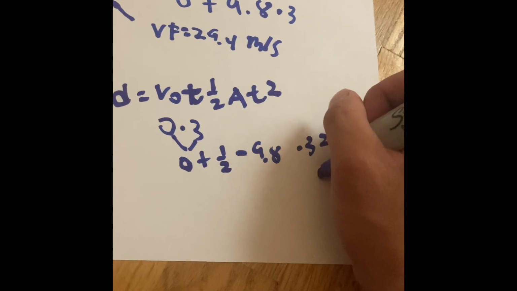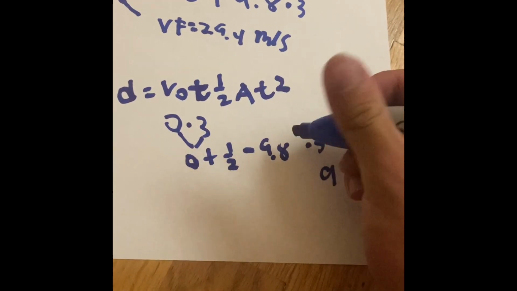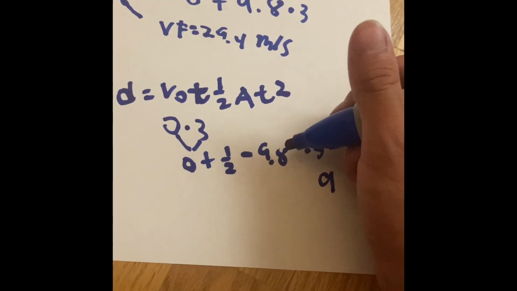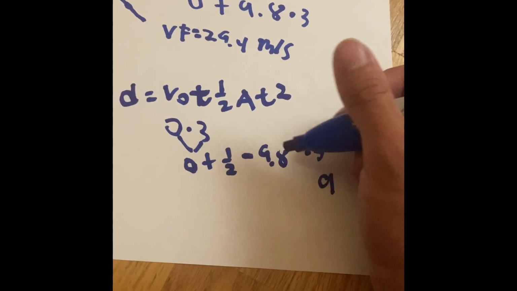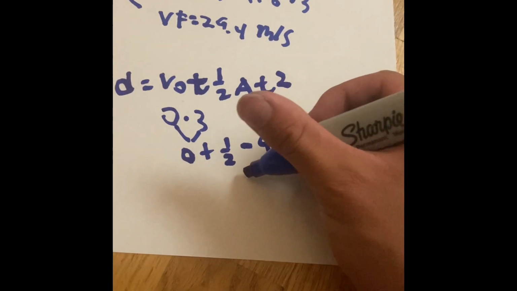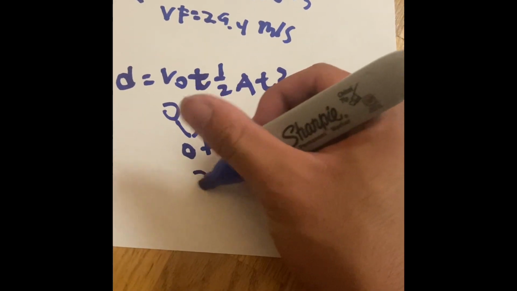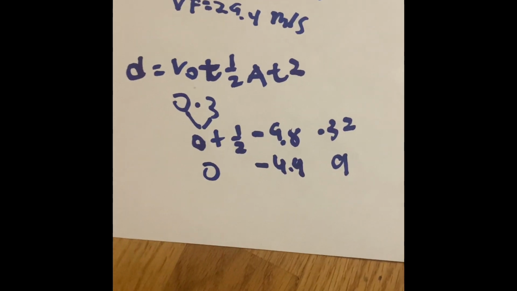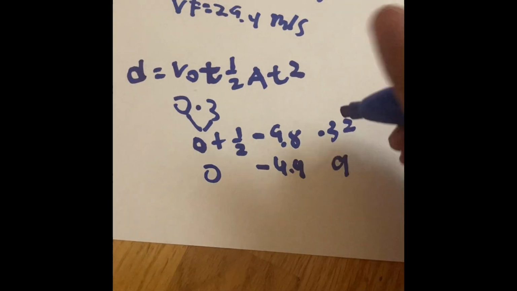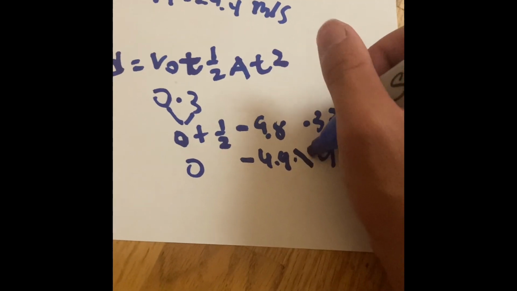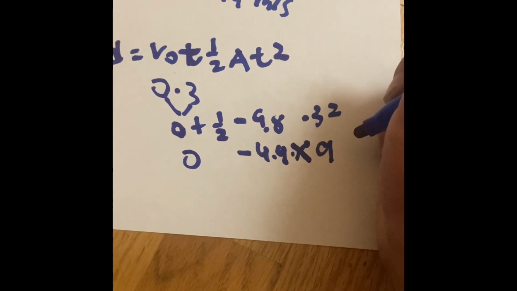3 squared is going to represent 9, and 1/2 of negative 9.8 is going to be negative 4.9. We can add the 0, but it won't really have any effect. So what is negative 4.9 multiplied by 9?